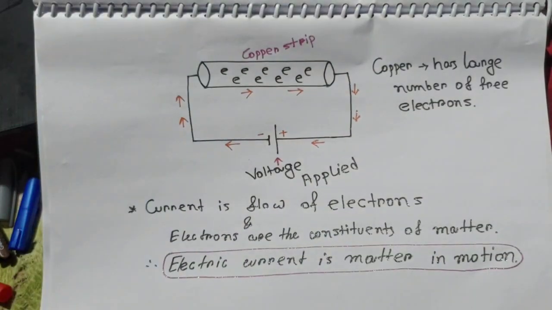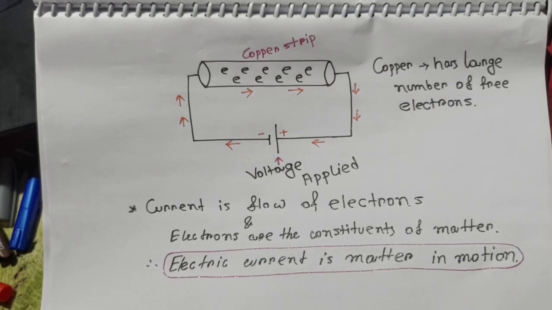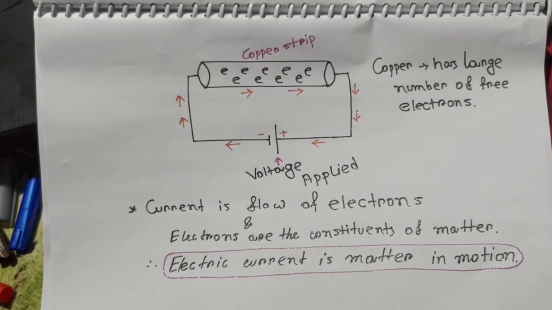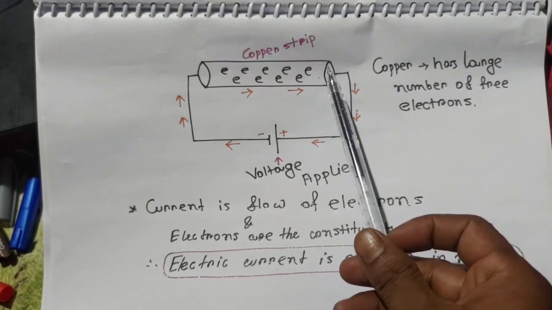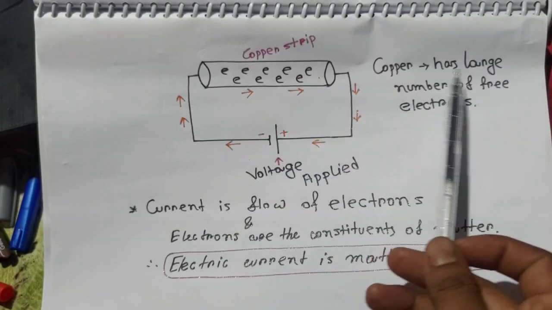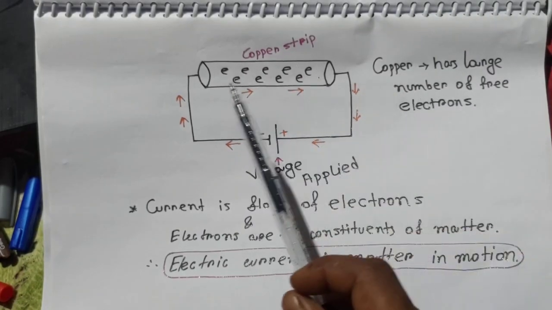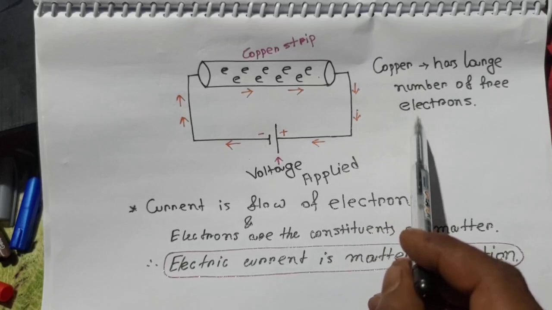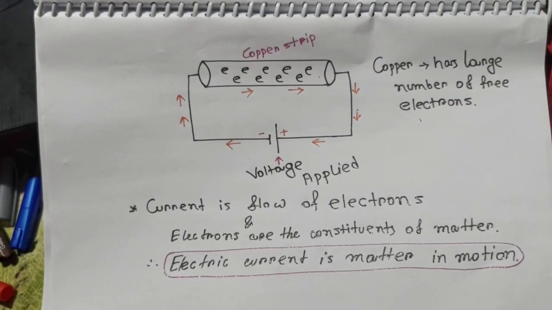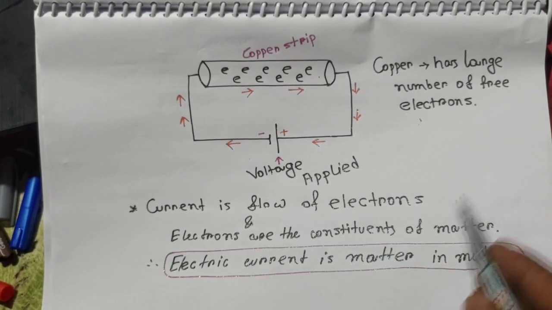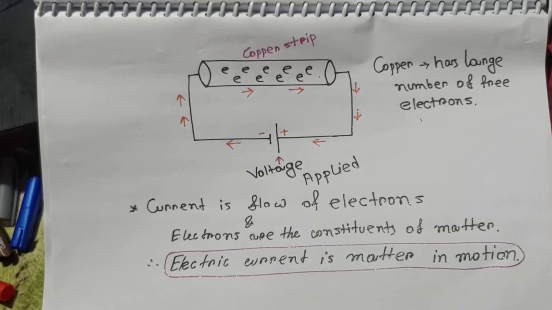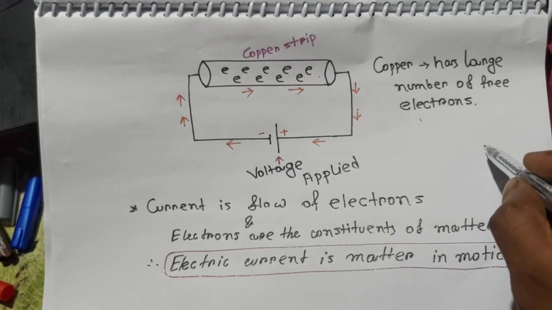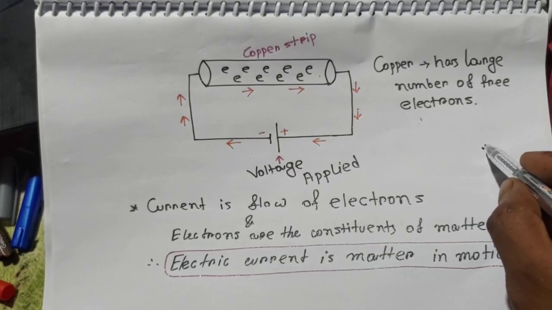Here we can understand it easily. We have one copper strip, and the copper strip has a large number of free electrons. Free electrons actually come from valence electrons in an atom.